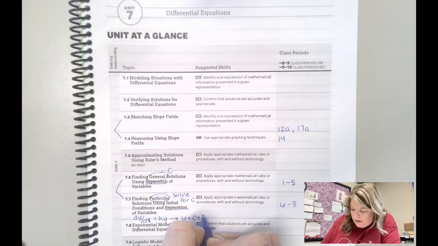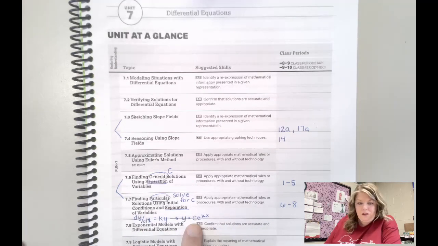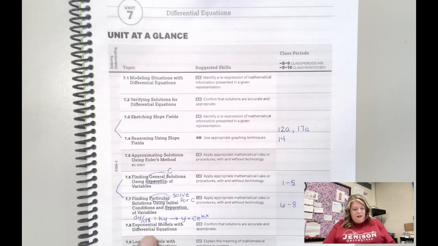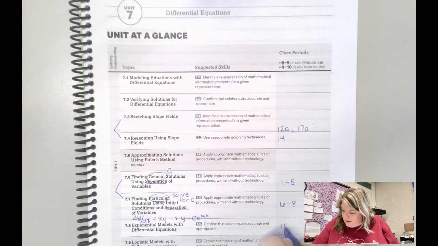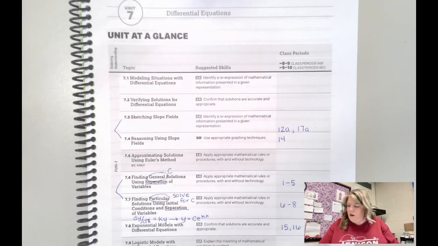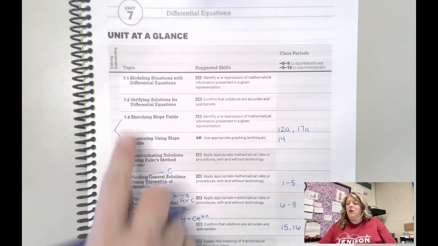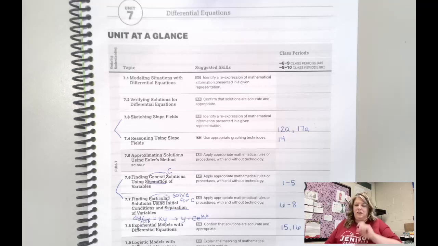It's ce to the power of kx. That theorem right there, that's the exponential models, okay? And that is represented on your test review in questions 15 and 16. There's also another one, number 18, I believe, that has to do with the same idea, but it's more of a modeling situation than it is a skill.